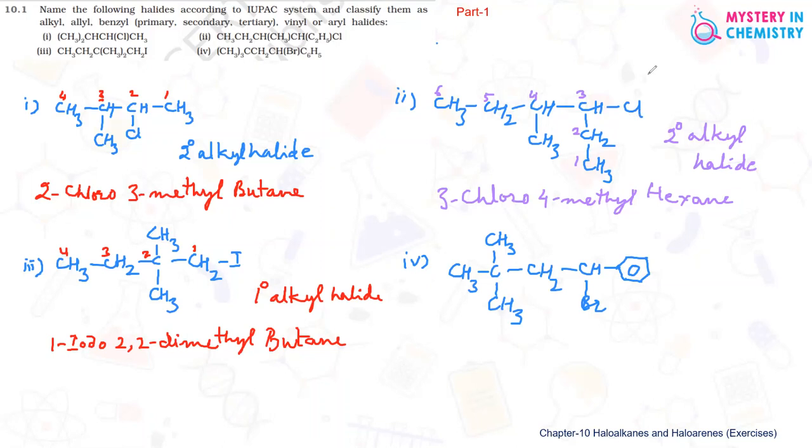After that you have to number it. So numbering should be again, this carbon should get the first number: 1, 2, 3, and 4. So butane is the parent compound. Naming should be 1-bromo, then 3,3-dimethyl.